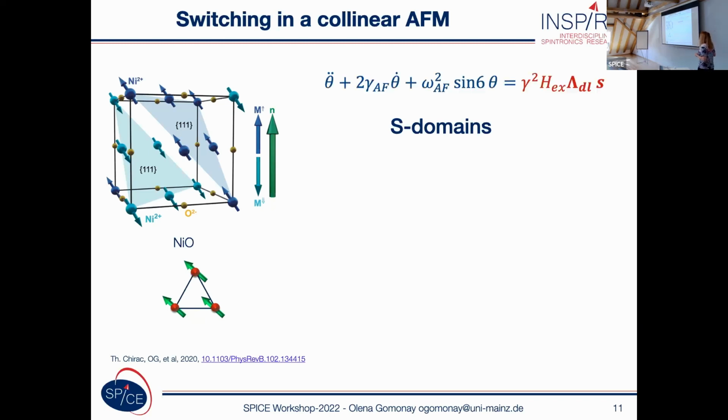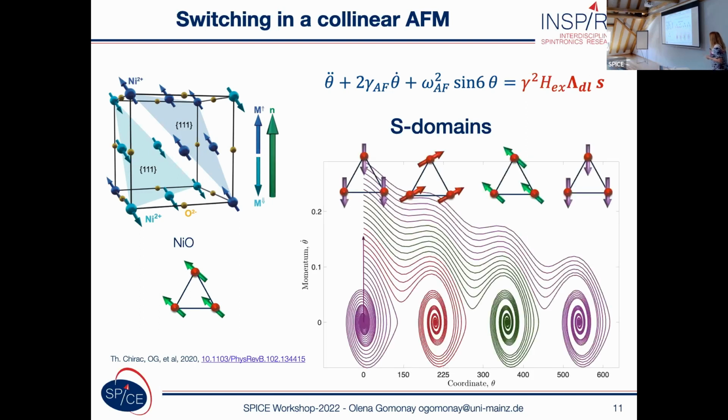So again, we studied the dynamics of this antiferromagnet, but in this case we looked only at the effect of the anti-damping torque. And then the phase diagram of this material is very similar to the non-collinear antiferromagnet, but now we have 3 different states.